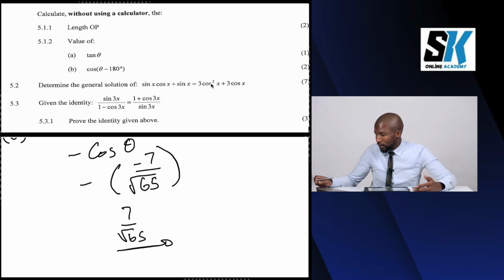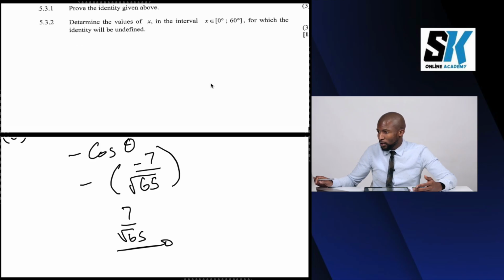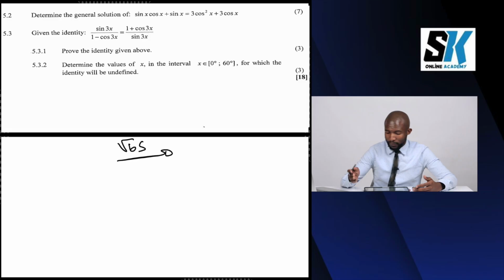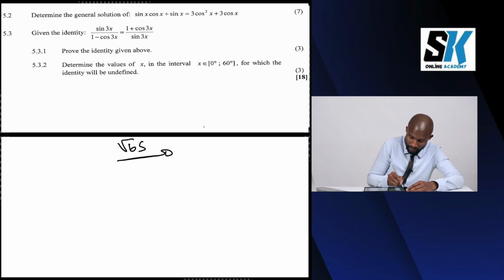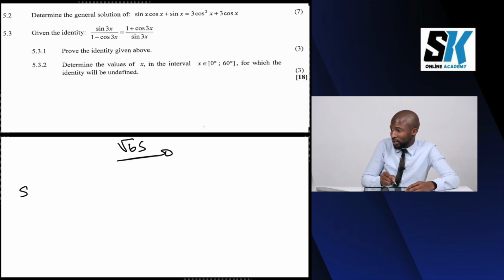And now we look at 5.2. It says determine the general solution of the following trigonometric equation. It's worth 7 marks, which means you have to work your way up until you get to the answer.